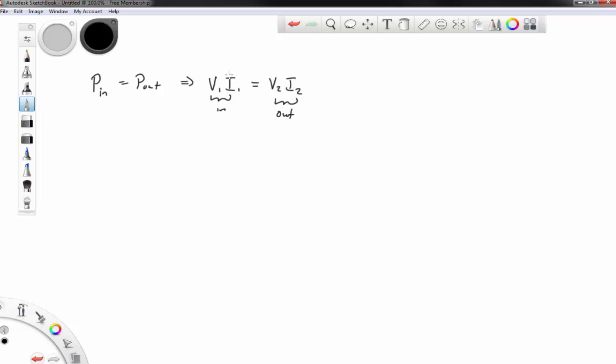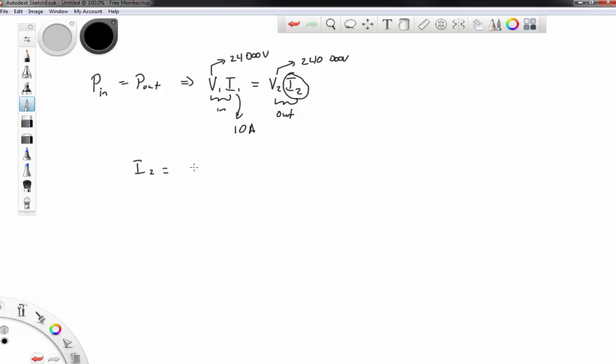We've been given that the electrical power that's been generated, the input, was 24,000 volts, and at output we should have 240,000 volts. We're also told that the input current was 10 amps. So we're looking for this output current.